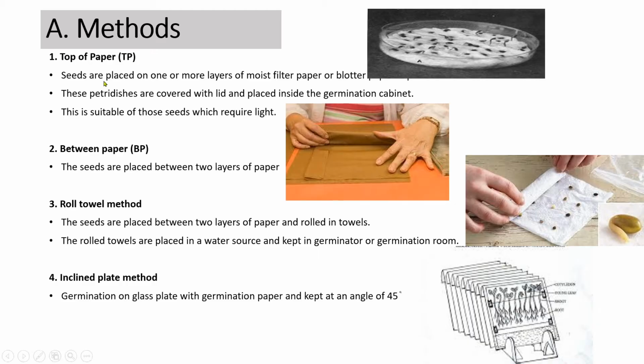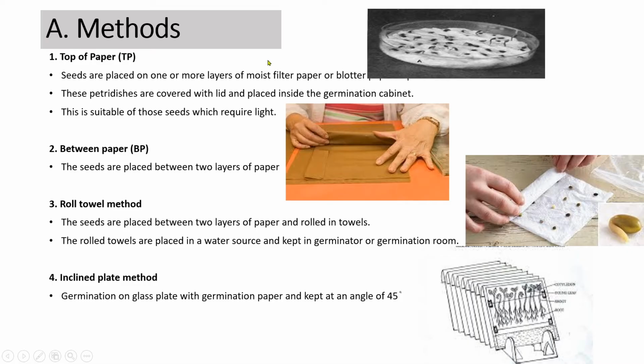Coming to the method of seed germination test in paper. First of all, top of paper. What is top of paper? Seeds are placed on one or more layers of filter paper or blotter paper. What we are going to do is cut the blotter paper or towel paper, or we can use the filter paper directly, and fold it in 2 to 3 layers. Why?